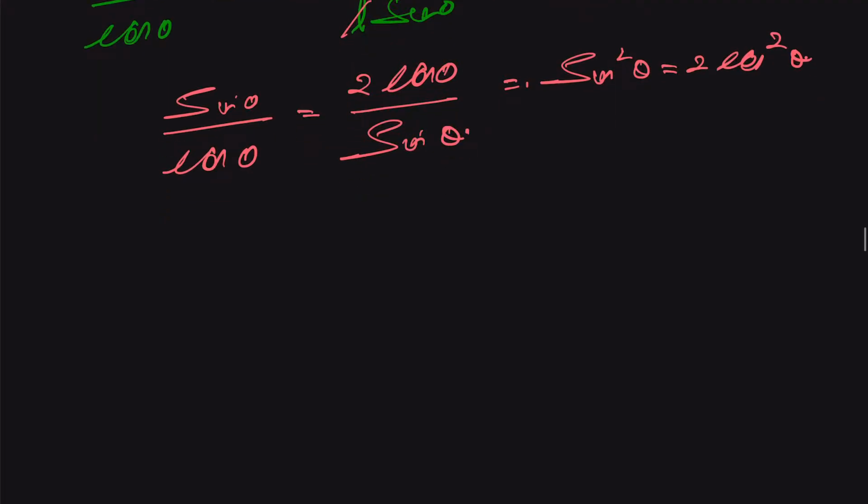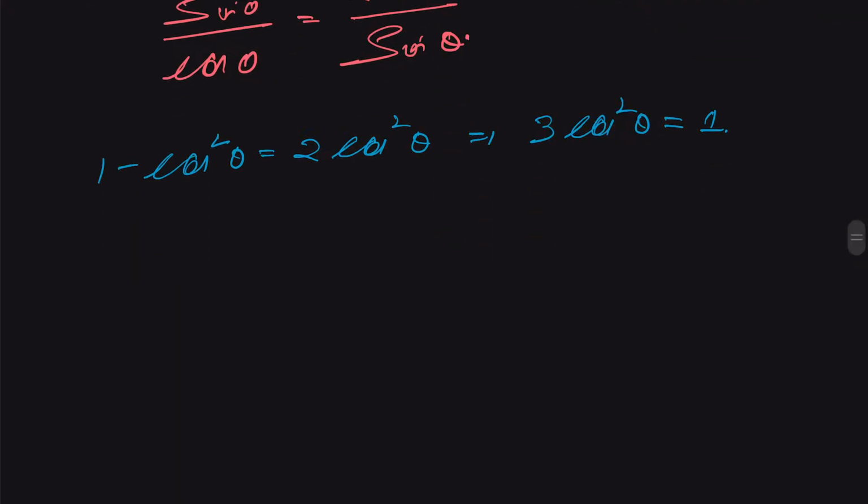Therefore we get 1 minus cos square is equal to 2 cos square theta, and this will be coming as 3 cos square theta is equal to 1, or we can say that cos of theta is equal to 1 upon square root of 3.